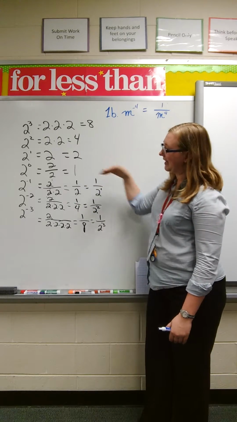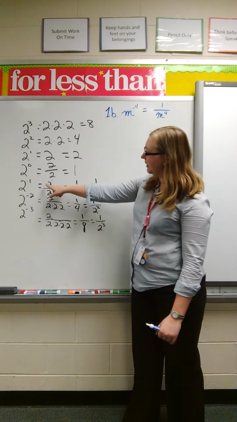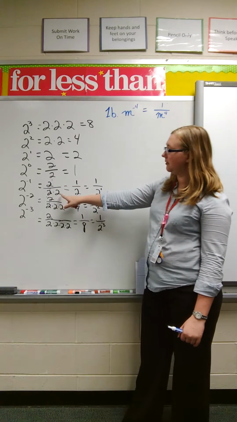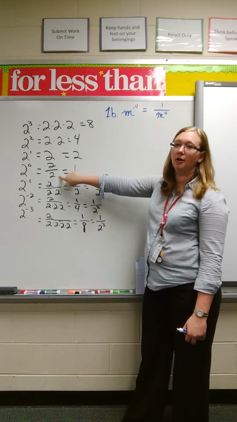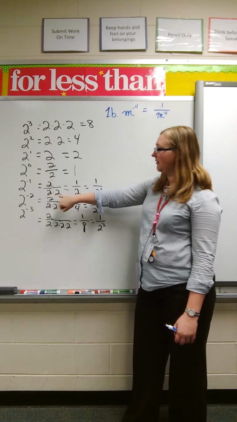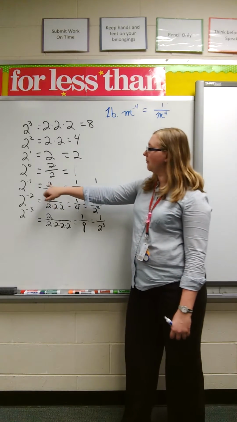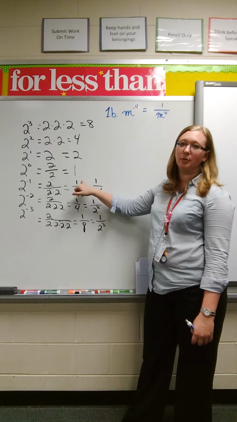So we have 1 and something. Here, when we had 2 to the negative 1, we have that 2 divided by itself. So we started out with 2 over 2 as being our kind of base value. And then we divided that again by 2. So when we cancel those 2's out, that creates 1 whole as our numerator.